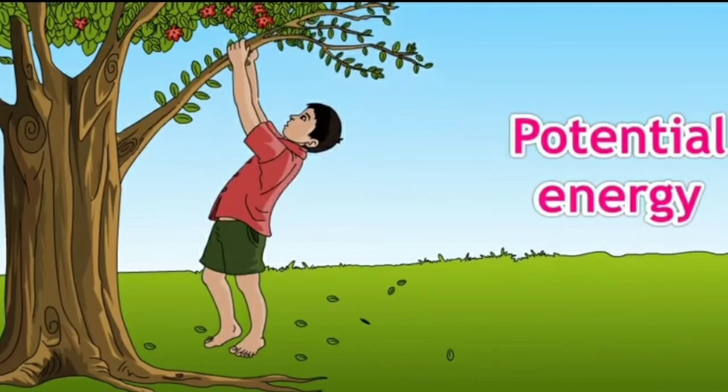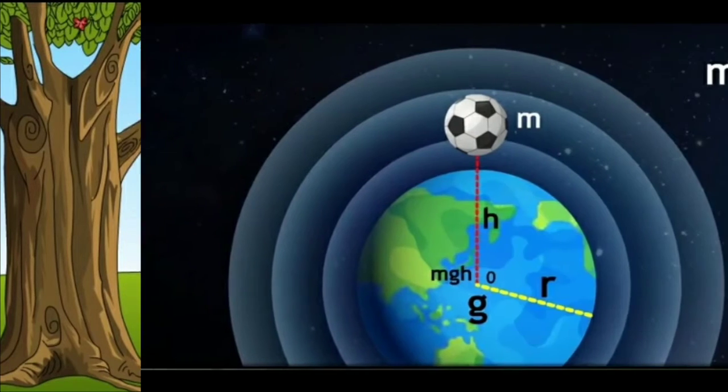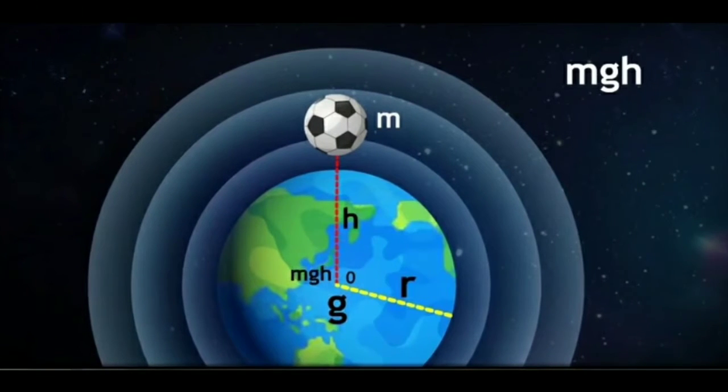It is called potential energy. So this energy is relative and increases as we go to greater heights from the surface of the earth. So this potential energy, okay, increases as we go to a higher or greater height from the surface of the earth.